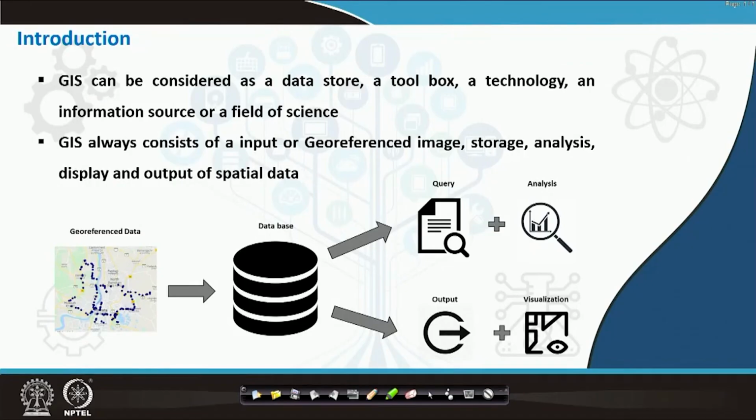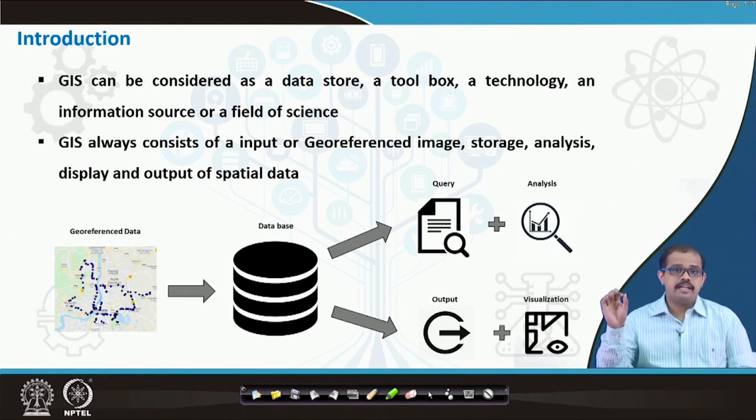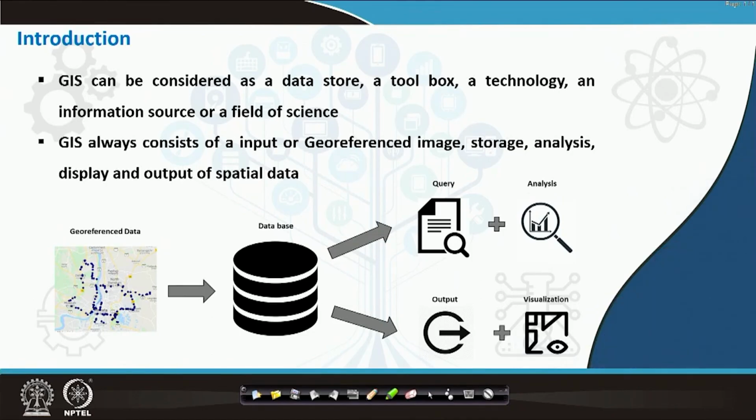Now in the previous class, maybe in the first set of lectures or in the second set of lectures, I did define GIS as a data store, a toolbox and a technology, and the science behind the technology that is actually driving the entire set of information to be stored and retrieved at any point of time. So this is what I informed.